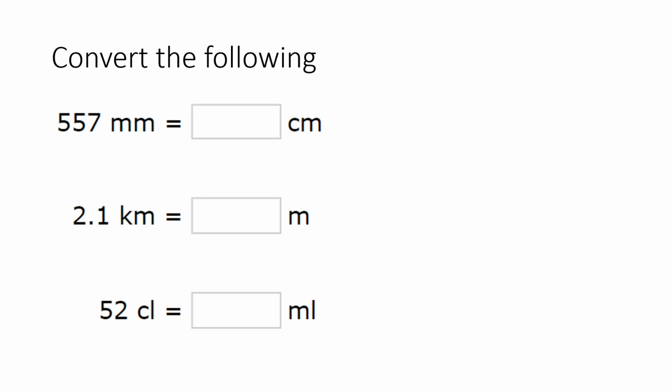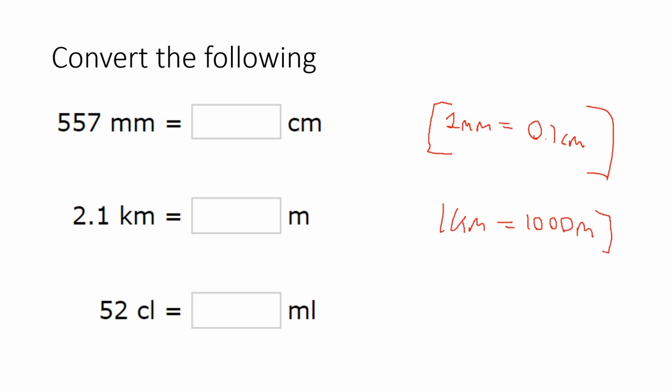Well, let's look at the ratios so far. We know, or maybe you didn't know, but that's okay, I'm telling you. If you can see from your ruler, you know that 1 millimeter is equal to 0.1 centimeters. Okay? You know that 1 kilometer, because kilo means 1,000, is equal to 1,000 meters. Okay?